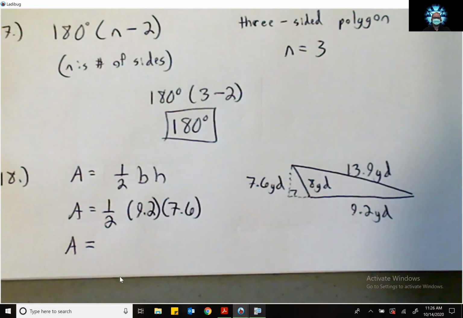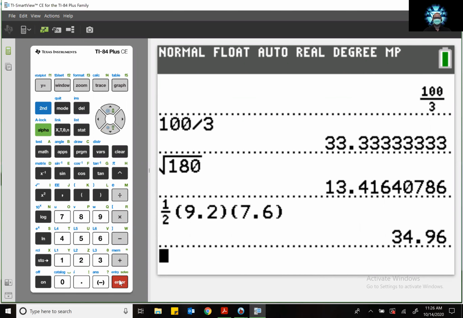Tell your calculator enter, and there's our answer. So what are we going to put down? 34.96. Because it did say keep it exact, which means no rounding. So 34.96, and this will be yards squared because it is area.